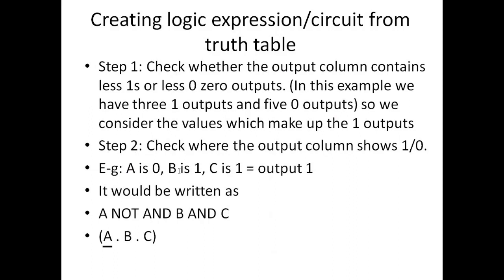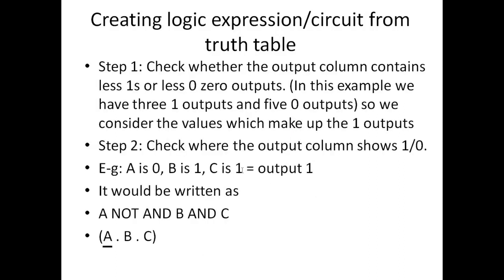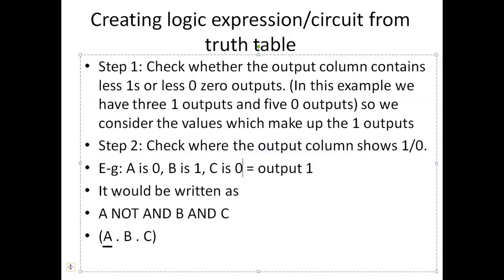Now step 2. I marked it, and now what you are going to do is look at the first line. It is saying that A is not 1, B is 1, and C is also not 1, and you would get the output as 1. So convert this into a logic statement: A naught means A is 0, B, and C naught.